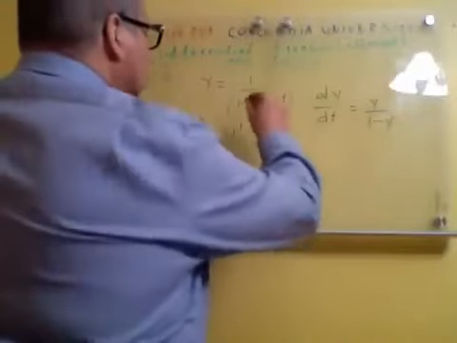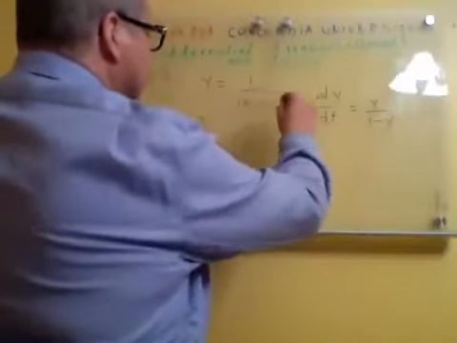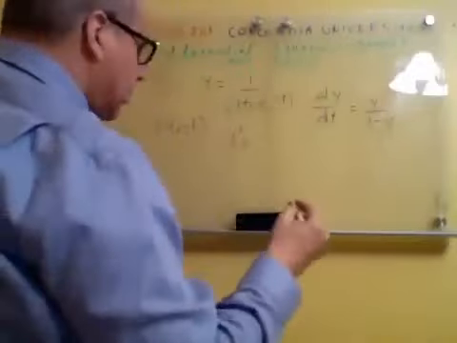okay, so this here you can write as 1 plus c e to the minus t to the minus 1.